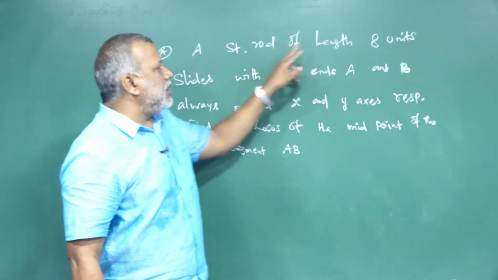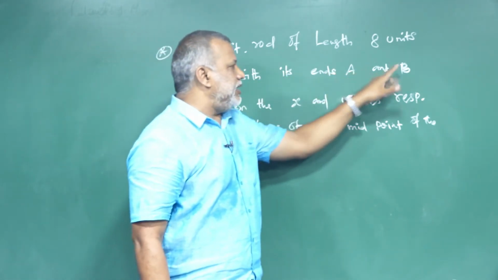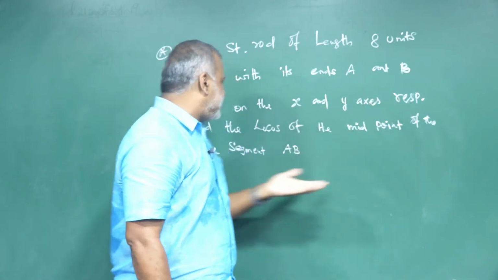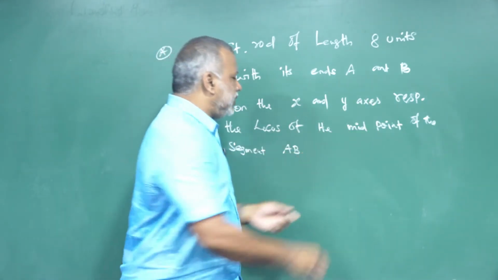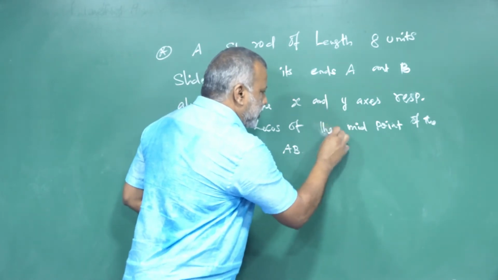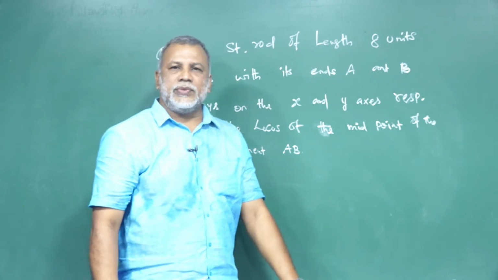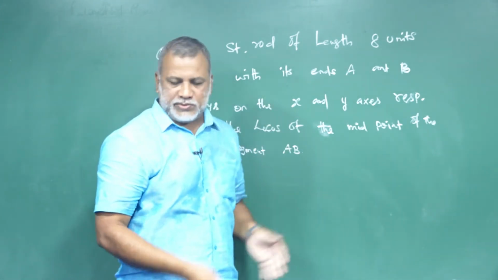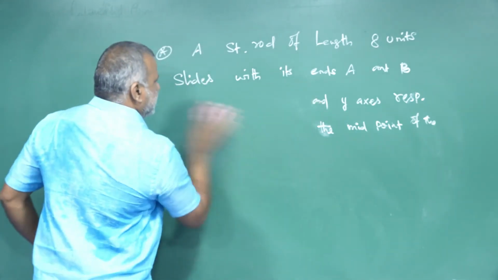A straight rod of length 8 units slides with its ends A and B always on the x and y axis respectively. Then find the locus of the midpoint of the line segment AB. Already we discussed in the previous question the same concept. Instead of the rod, they are giving some other information.